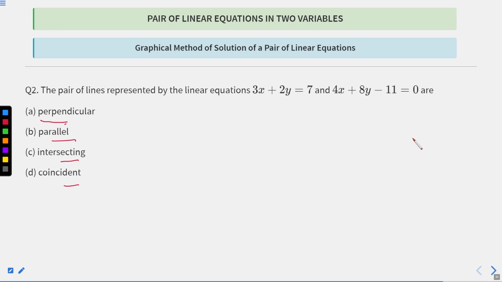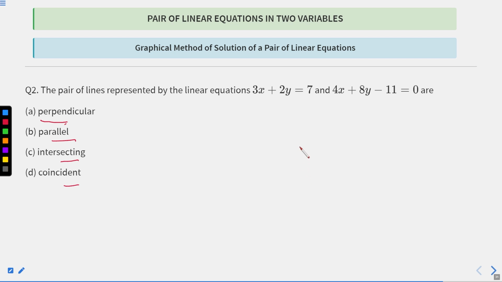Okay, so we can check by comparing these equations with the general form of a pair of linear equations, and then find the ratios a1 by a2, b1 by b2, and c1 by c2. We know some conditions, so if we use those conditions, we will get the geometrical interpretation of this pair of linear equations.